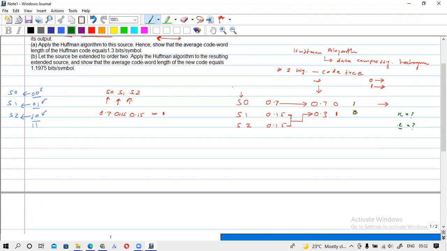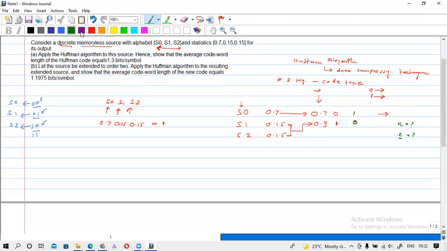As usual, I will assign 0 and 1 here. You can see that here we assign 0 for this 0.7 probability, and this 0.7 probability is shifted directly from here. So this 0 can also be assigned to these probabilities. This probability is directly related with S0, so we can assign 0 for S0.